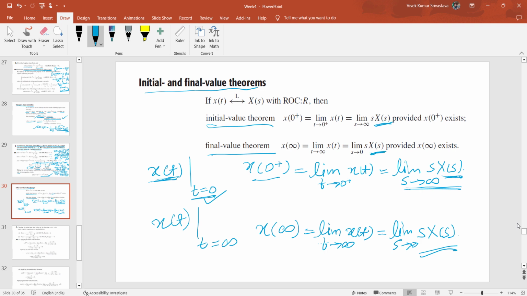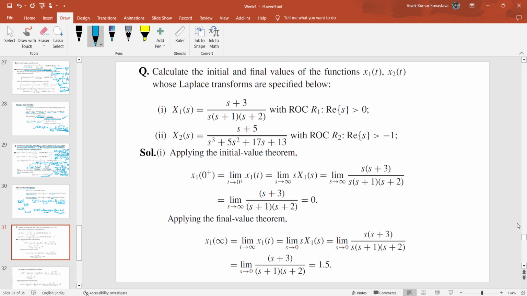As an example, here the Laplace transforms of two signals, that is x1(t) and x2(t), are given to us. By using this, we have to evaluate both the initial value and the final value of these functions.